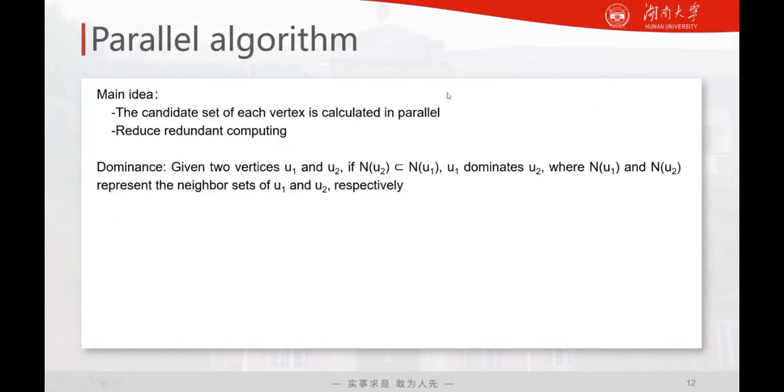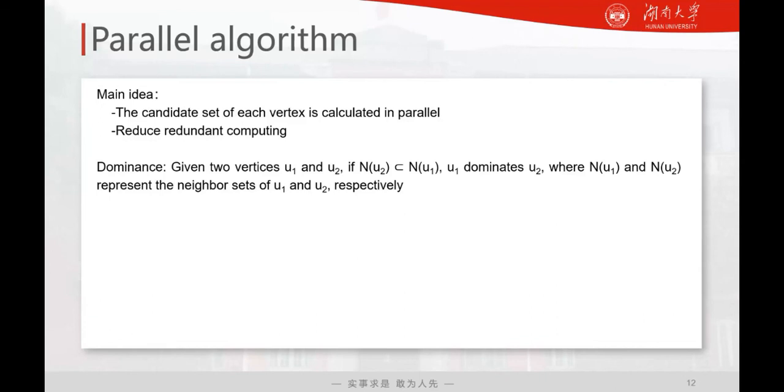Then we propose a parallel algorithm to speed up the K-biplex computation. The main idea of the parallel algorithm is to allocate a thread to the power set of each vertex for independent calculation. To reduce the computation redundancy, we propose the definition of vertex domination.